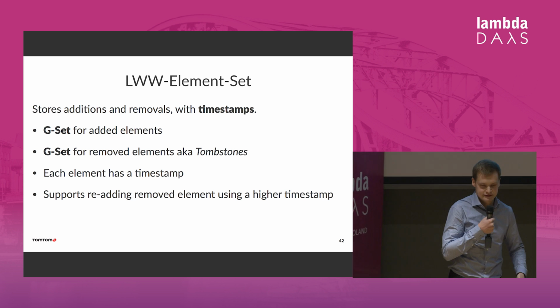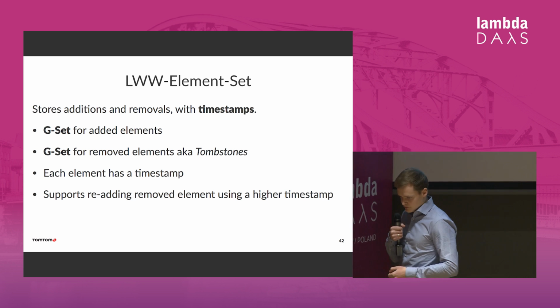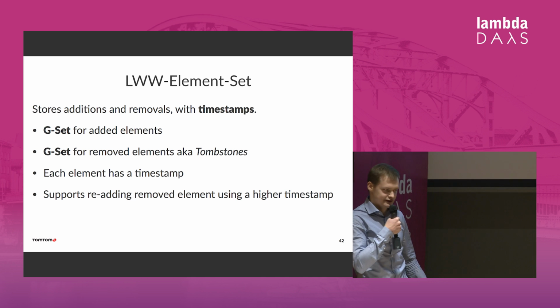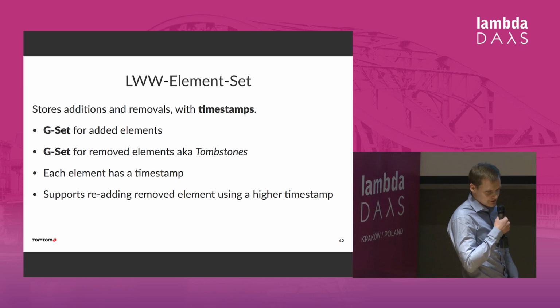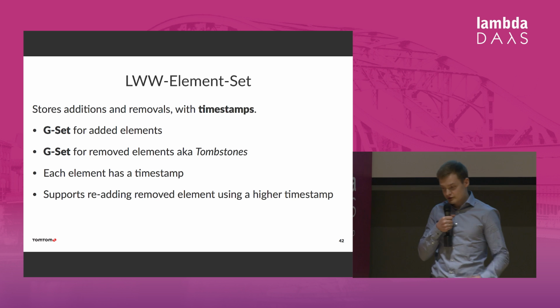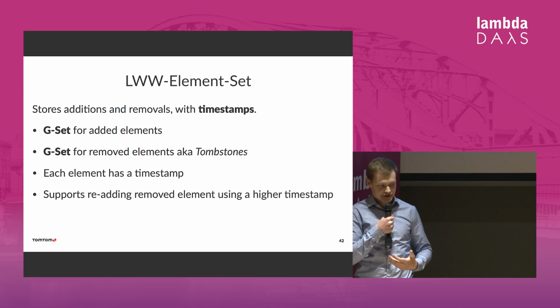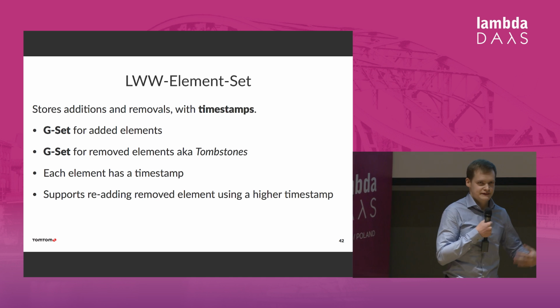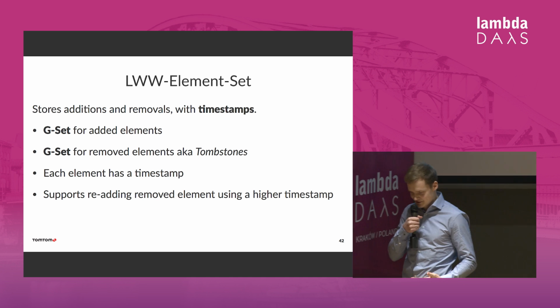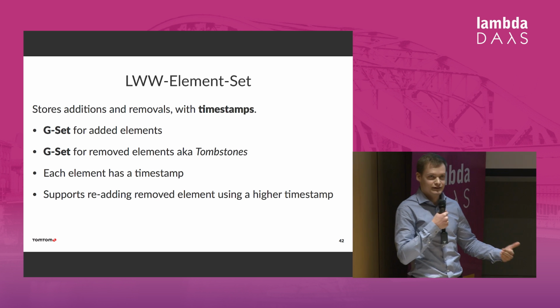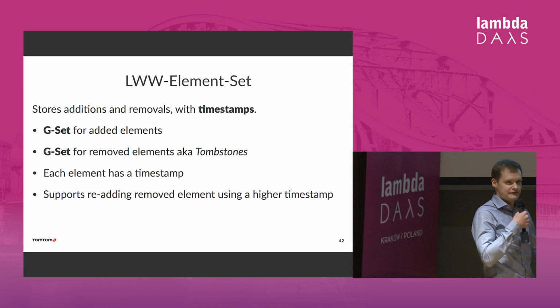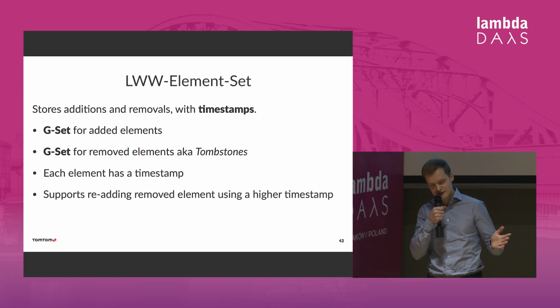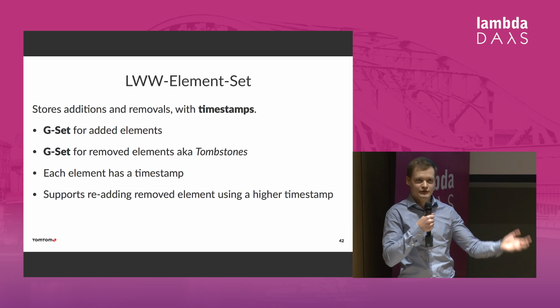The first one is the Last-Write-Wins element set. Last-Write-Wins doesn't sound really promising, I would argue. It also stores addition and removal operations, again modeled as GSets. But as is common in distributed systems practice, if you want additional features, you have a space trade-off. You have to introduce some sort of additional metadata, like we do with tombstones.